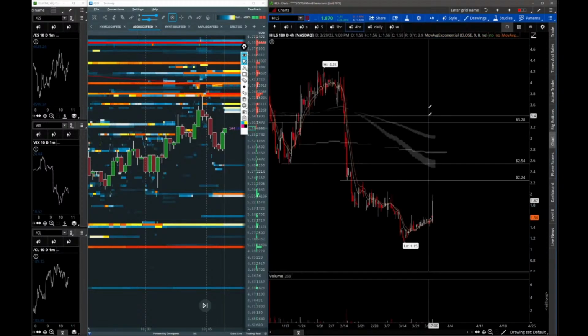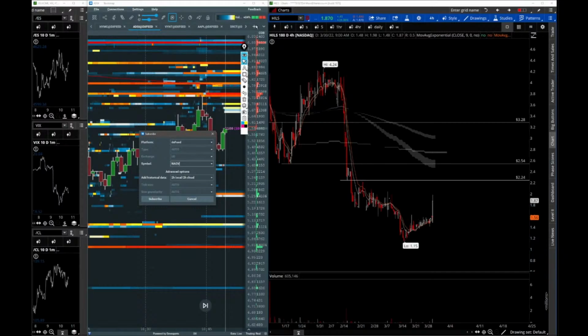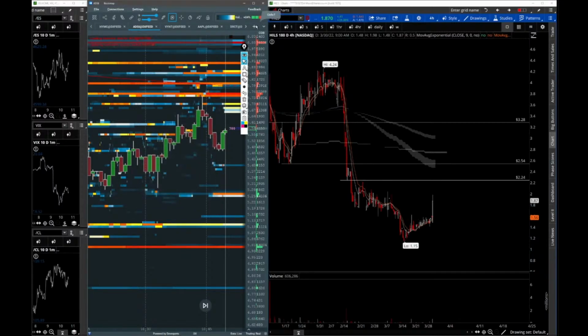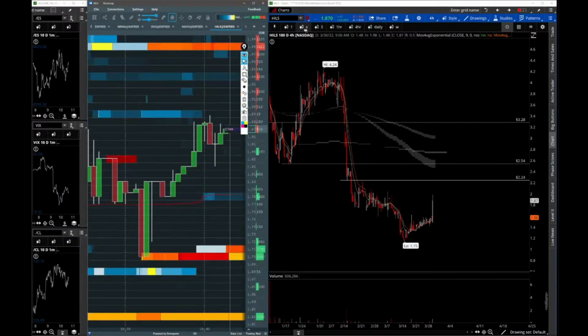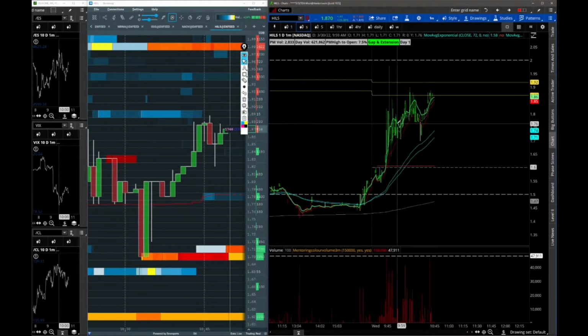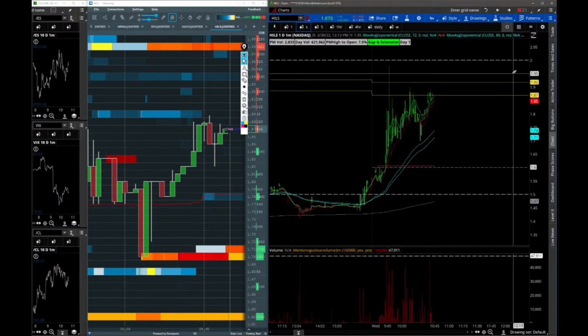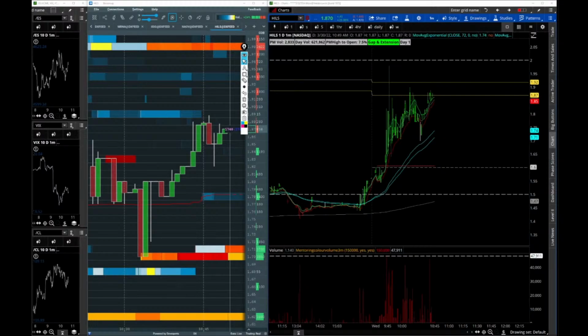Let's see also the chart. Yeah, we can say with the 2.25. Let's put over here HILS. Very, very liquid right now. So we need, of course, the push at least to 2.25. So watching Hills to short that level.